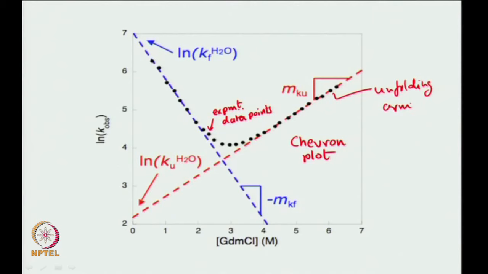So if you look at this figure, on this unfolding arm, all these data points are related to Ku, and then you extend it. What you get at this point is something you have done before in terms of delta G. This is the unfolding in the absence of any denaturant, which is ln Ku H2O.